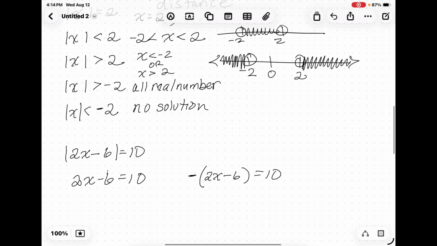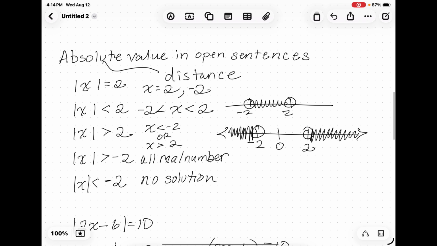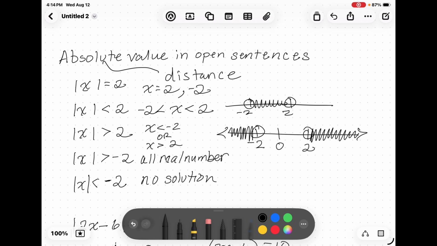If I take this absolute value of x here, a procedural approach would be to say, if the absolute value of x is equal to 2, then x is equal to 2.